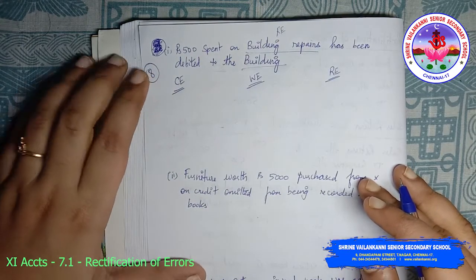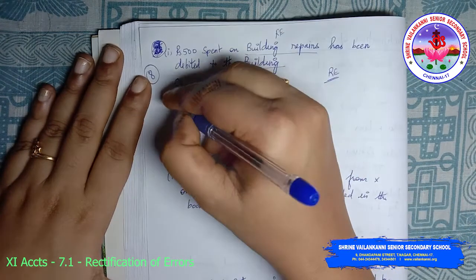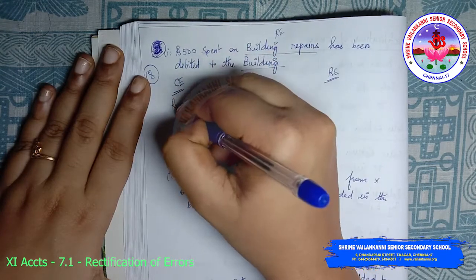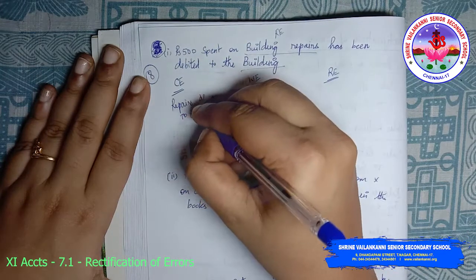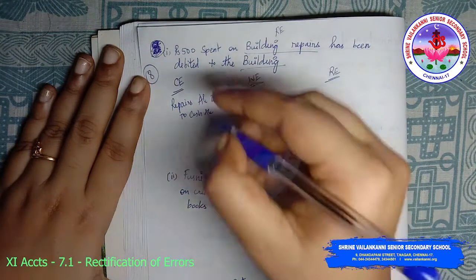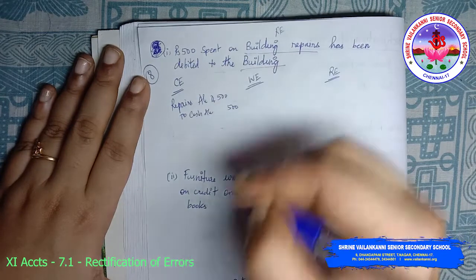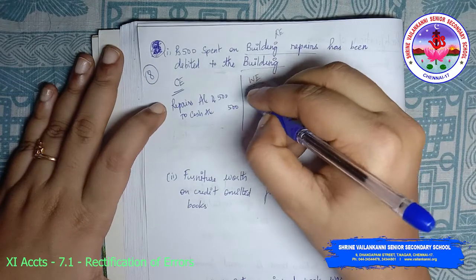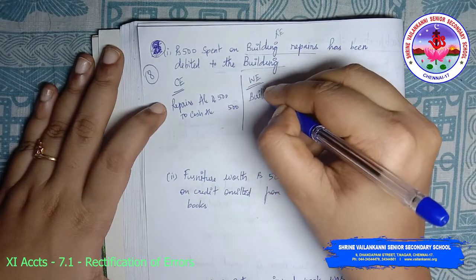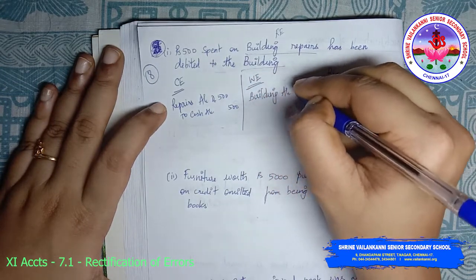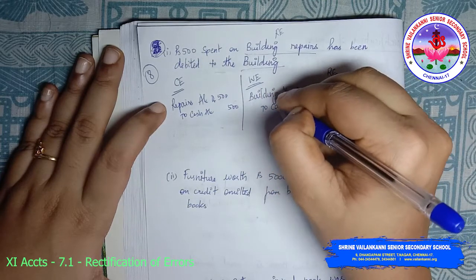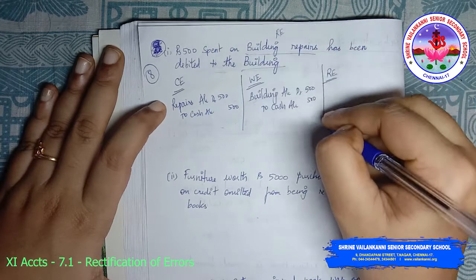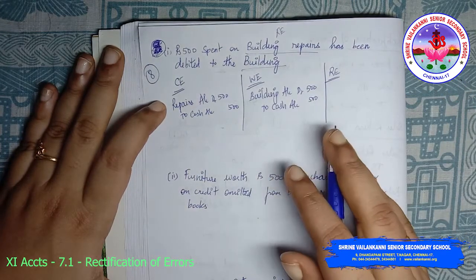So what is the correct entry? Correct entry should be repairs account debit to cash account. So 500 and 500, this should be the correct entry. But what is the wrong entry? Wrong entry that they have posted is building account debit to cash account. This is the wrong entry.